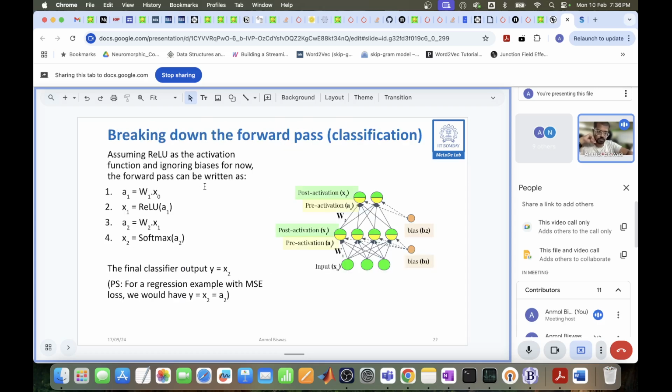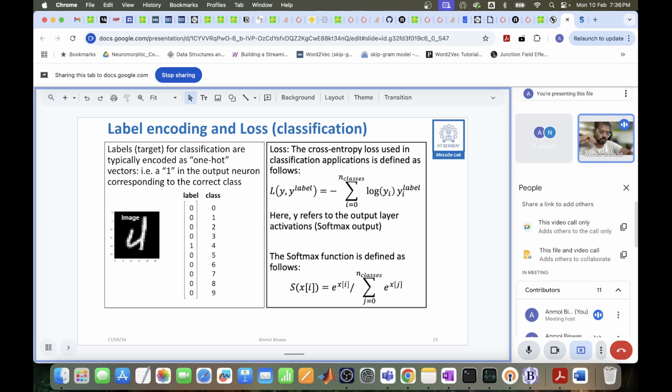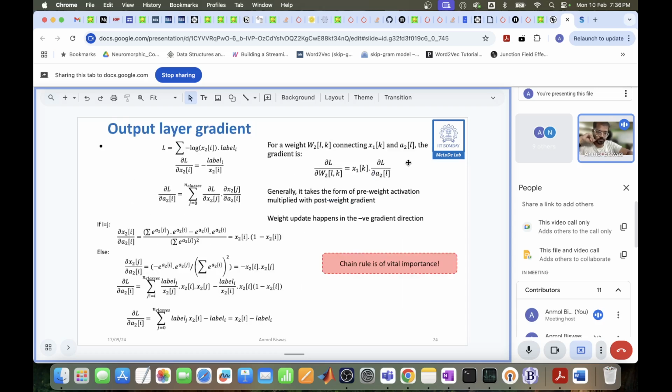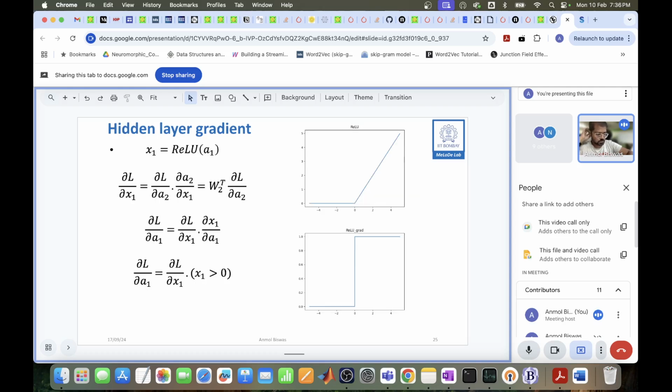This is the first equation. In the backward pass, it is the last equation that you deal with. So this A2 just becomes A1, this W2 just becomes W1, and this X1 just becomes X0. And then you will have an update rule for W1, which is the first layer weights.